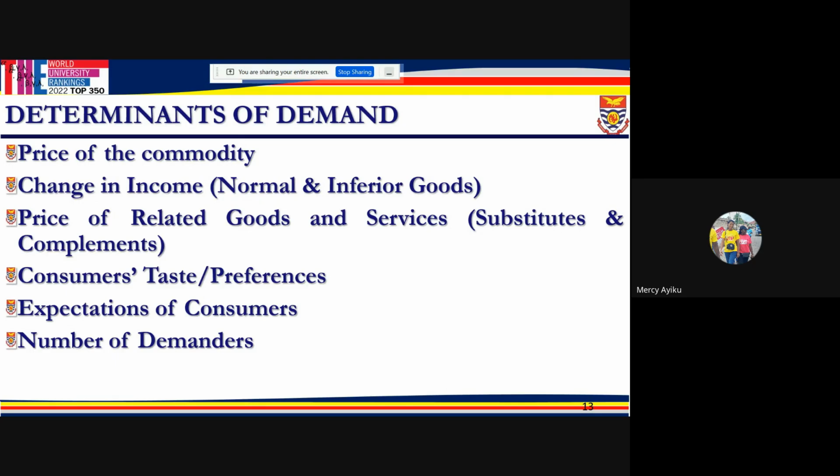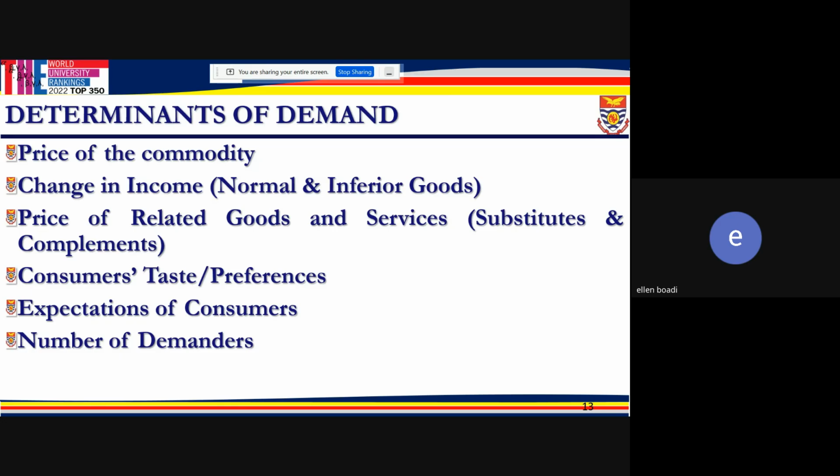Madam, please, a question again. My question is that you're looking at how related commodities can affect the quantity demanded of a commodity. And we are looking at substitutes. So the scenario I painted was that we are assuming that fried rice and jollof are substitutes, and that the plate for each of them was 10 cedis.